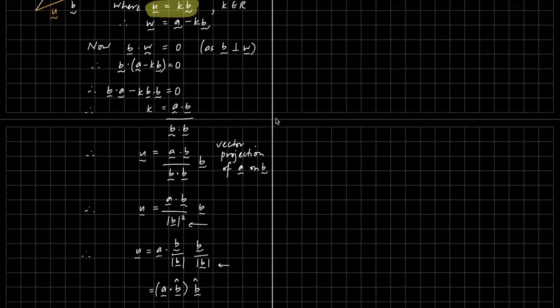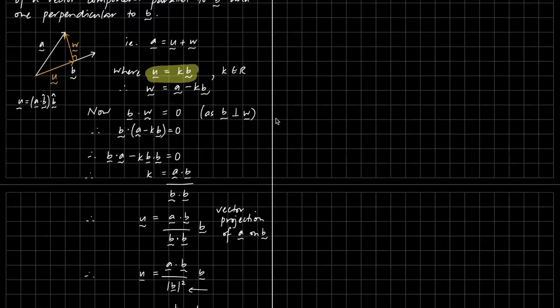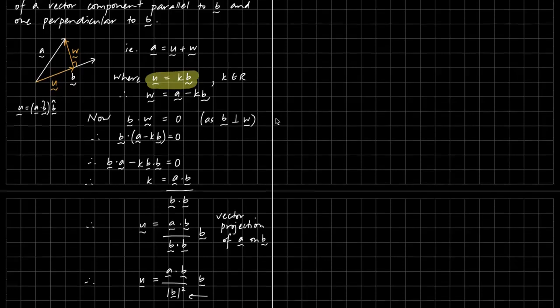So if we go back up to our diagram here, let me just write this under our diagram. So we're saying u is equal to a dot unit vector b times unit vector b. If you think about what that's saying, the vector u has a magnitude. Let me get my highlighter here. So this first part here is actually the magnitude of u, isn't it?